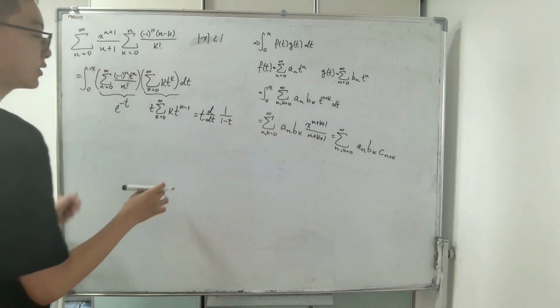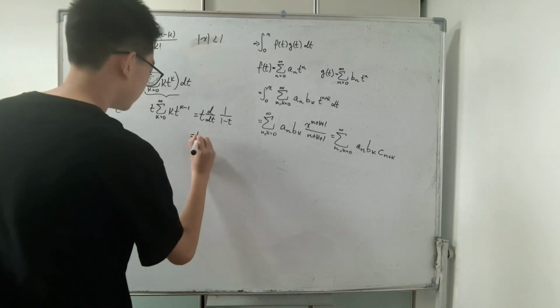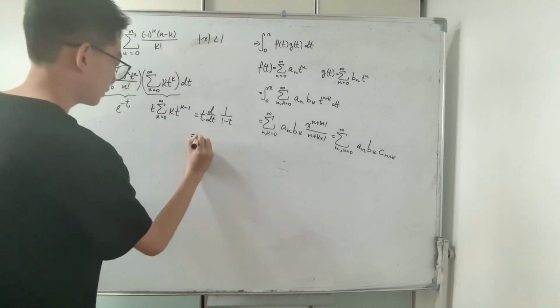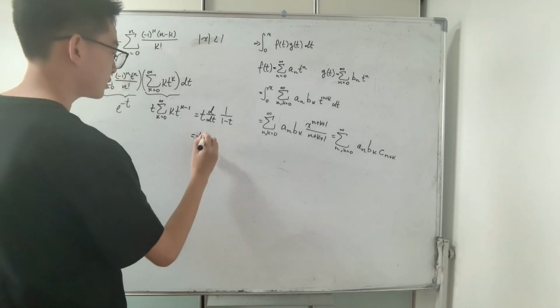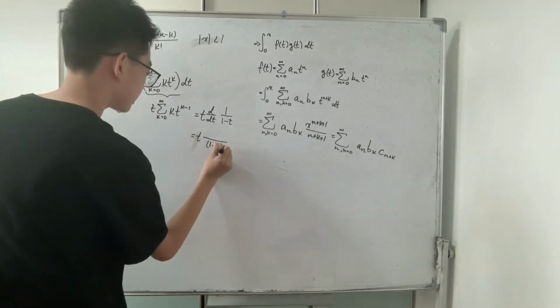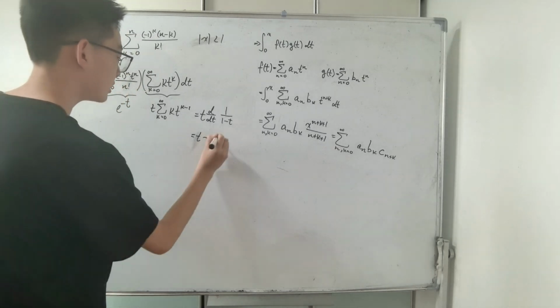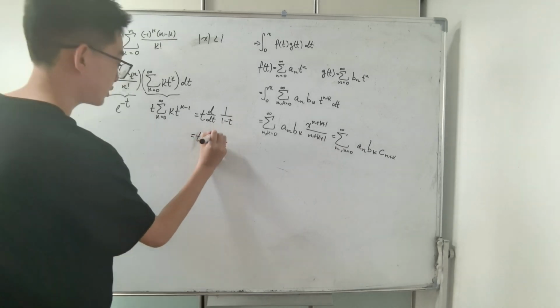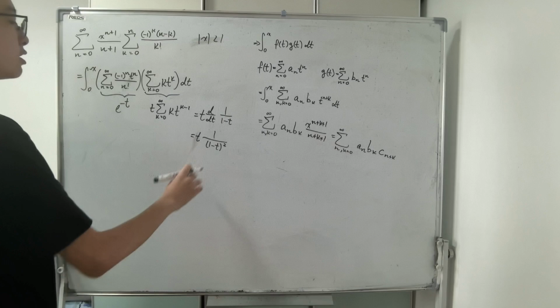Now this is pretty easy to evaluate. This is equal to t times, by the power rule, 1 minus t squared. We have a minus 1 over here, but because of the chain rule we get a minus 1 anyway, so we just get 1. So this is t over 1 minus t squared.